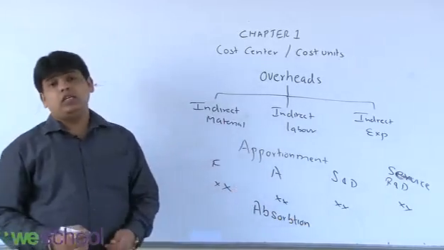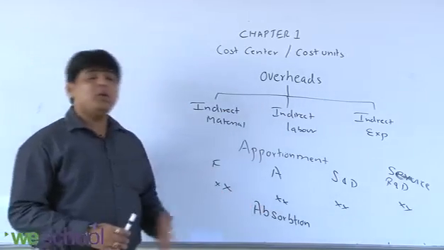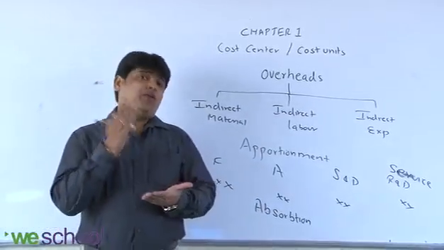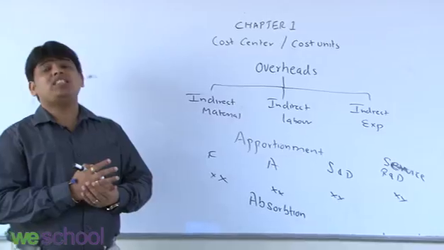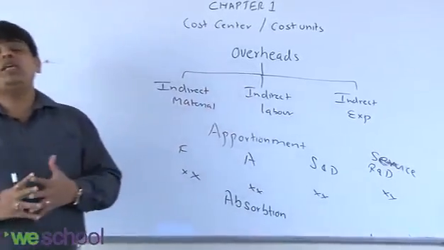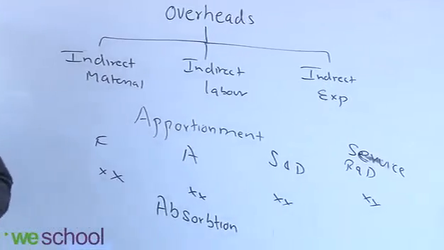Now how is it done? There are various methods used by cost accounting people, but they are not fixed by law. It is non-statutory. Cost accounting is a non-statutory account because it does not follow a rules and regulations concept.